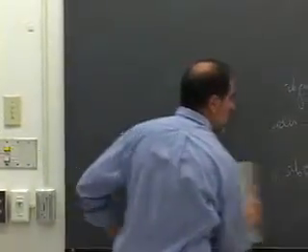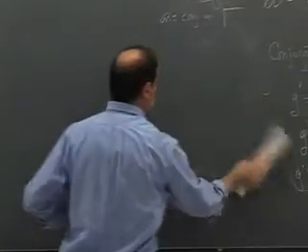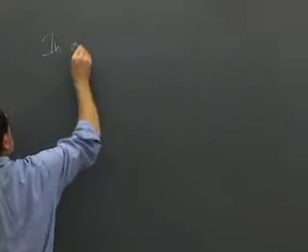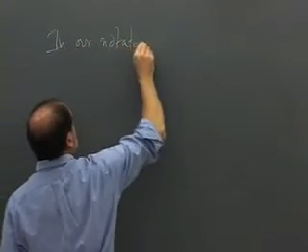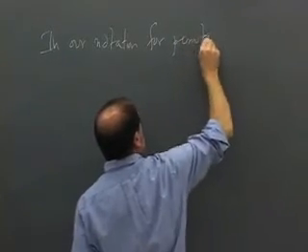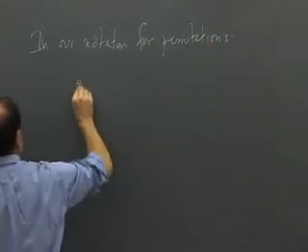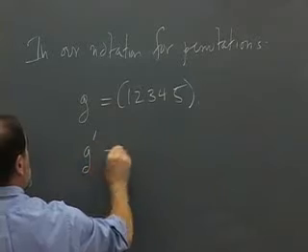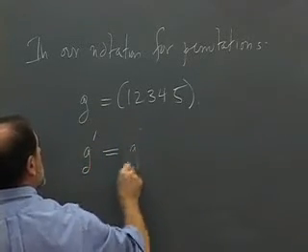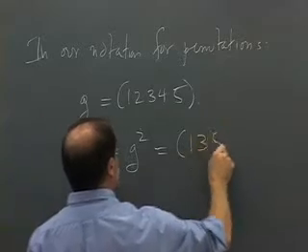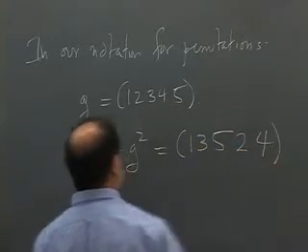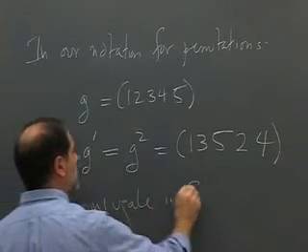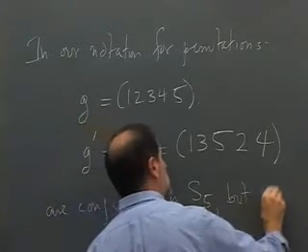By the way, those of you who want to try your mettle on the new notation for the alternating group, in our notation for permutations, you'll find that g, which is (1 2 3 4 5), and g prime, which is g squared, which is (1 3 5 2 4), are conjugate in S5, but not in A5.